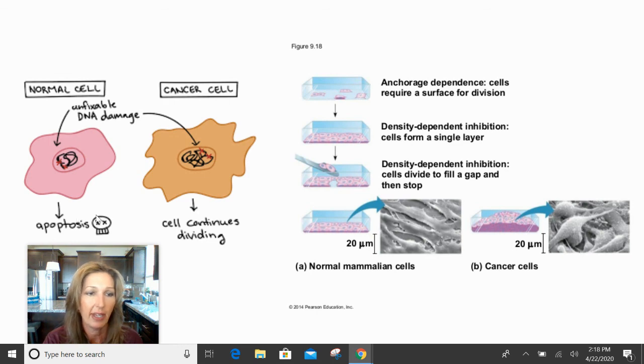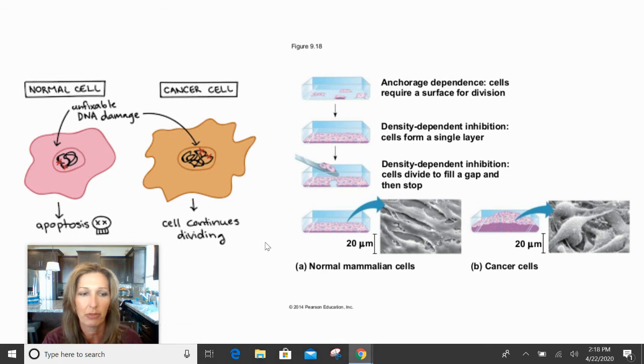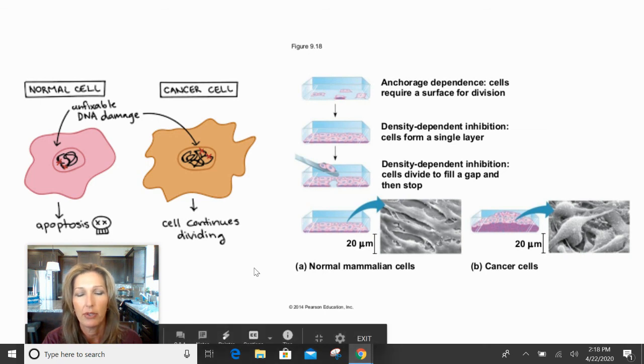And instead of having normal programmed cell death, apoptosis, which does happen in our cells, sometimes there's enough damage in the cell that it just makes a new cell. But cancer is usually the result of cells that are no longer abiding by normal cell cycle regulations, which is what we need to make sure we take away from this.